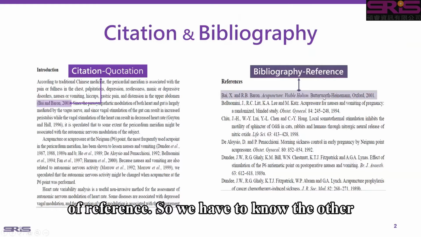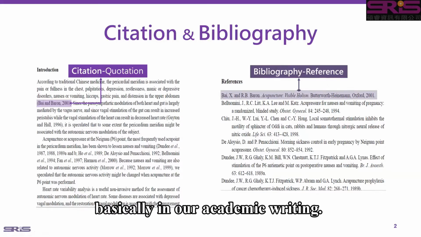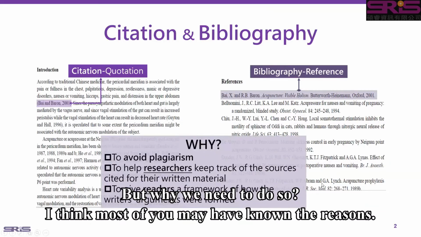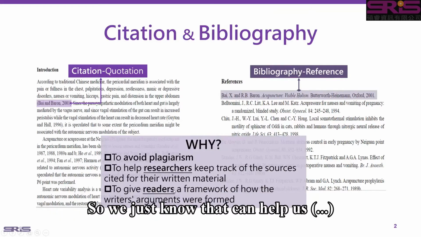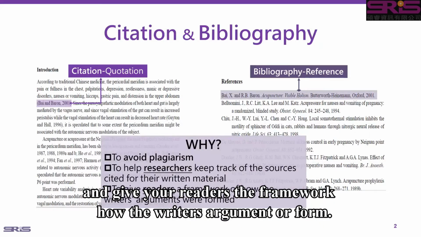The other term is bibliography, what we call the reference list in our academic writing. But why do we need to do so? I think most of you may already know the reasons. It helps us keep track of the sources they cited for their written material and gives your readers the framework of how the writer's arguments were formed.